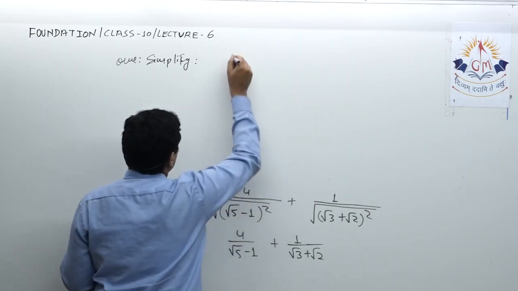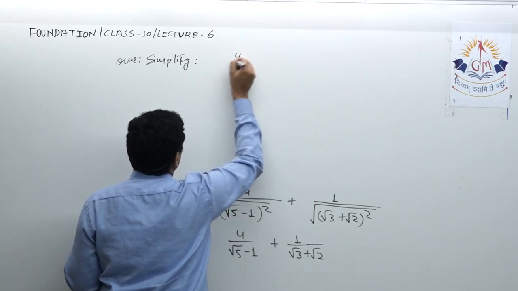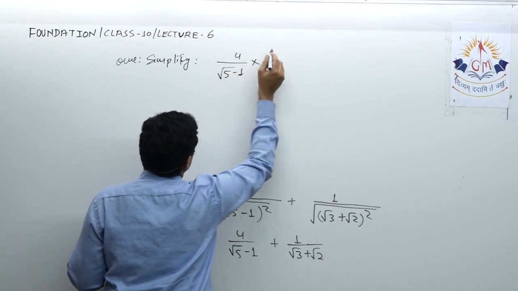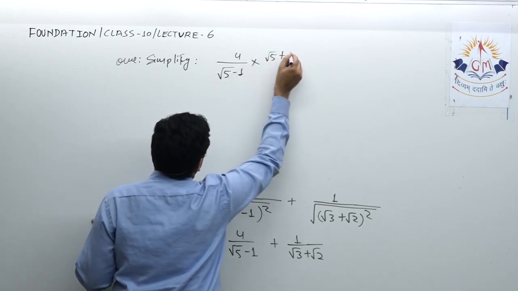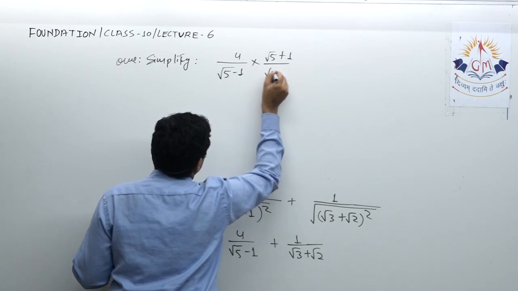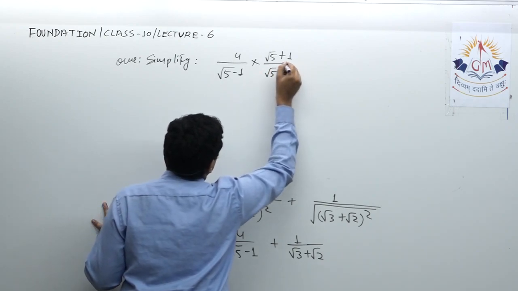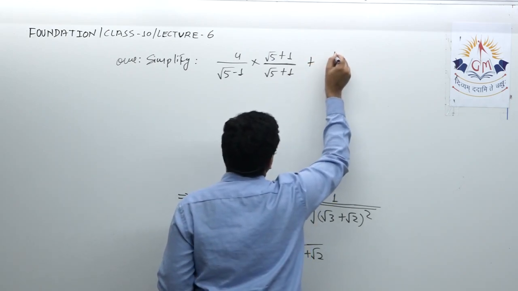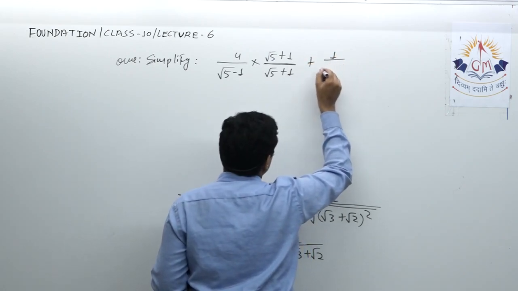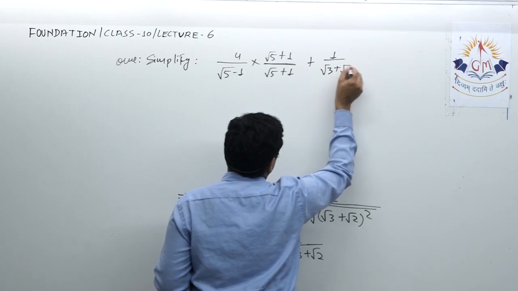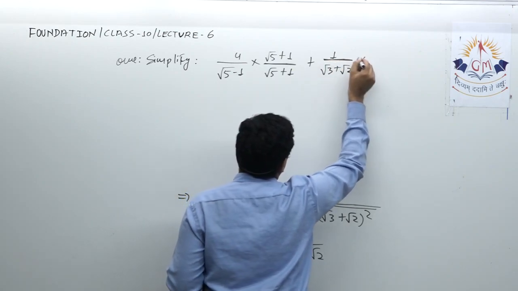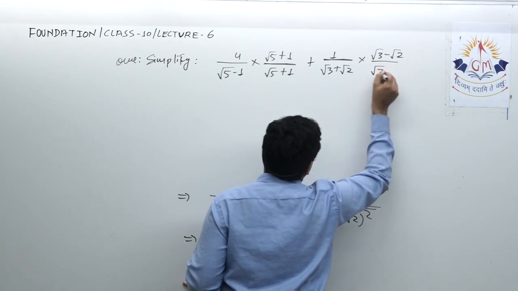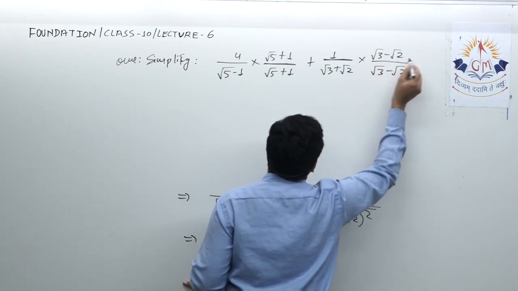Okay, so here it is 4 upon root 5 minus 1 into root 5 plus 1 upon root 5 plus 1, plus 1 upon root 3 plus root 2 into root 3 minus root 2 upon root 3 minus root 2.